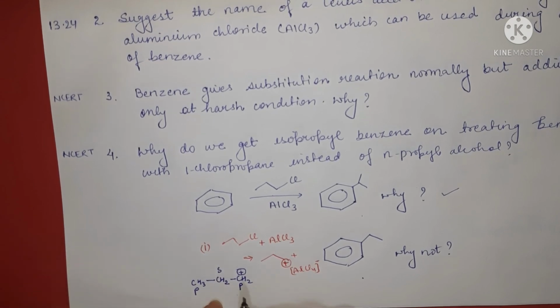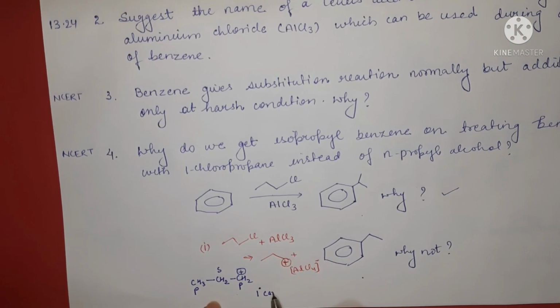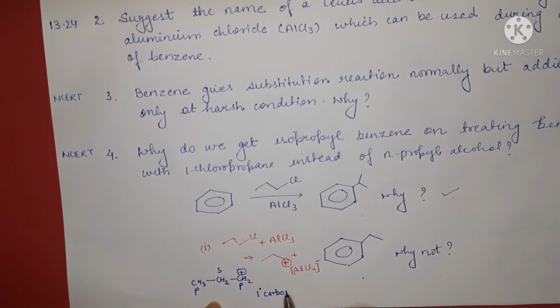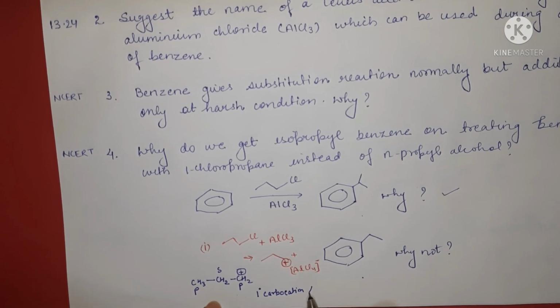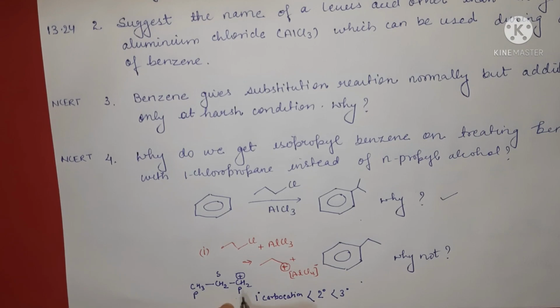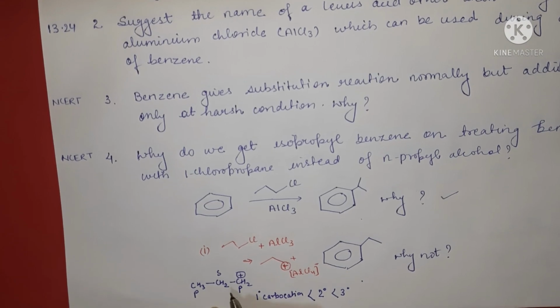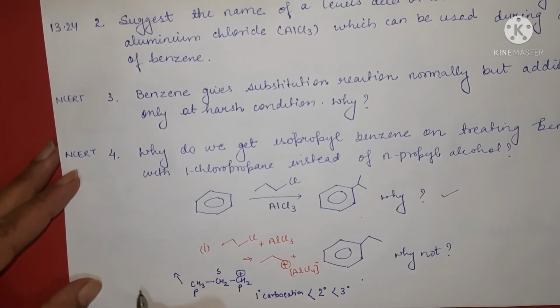Then you should know one thing, that primary carbocation is least stable as compared to secondary and then tertiary. So if this carbocation is primary, then it will rearrange itself and we will get a secondary carbocation.